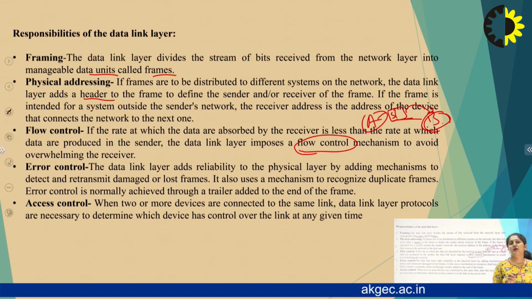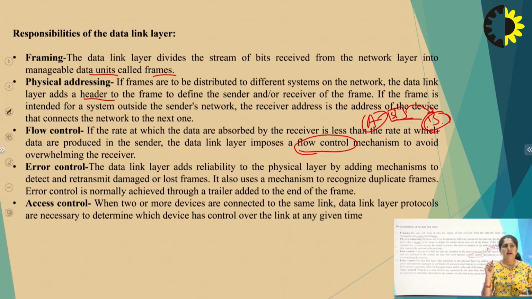The main functions of the data link layer are, firstly, physical addressing, and next, error detection and error correction. In the data which we get from the upper layer, the network layer, it checks if there is any error, and if there is, it will detect that error and correct it also.